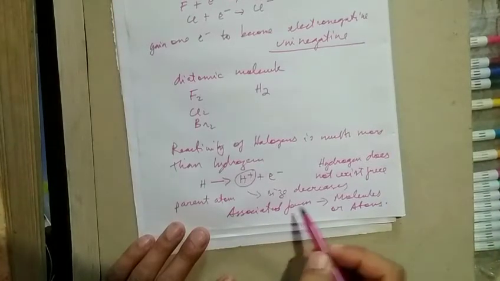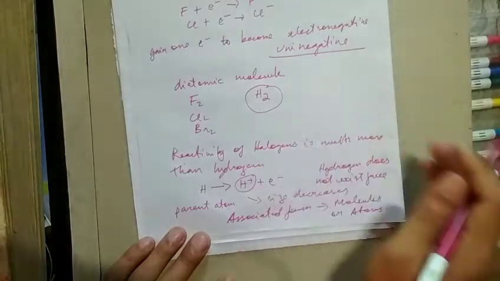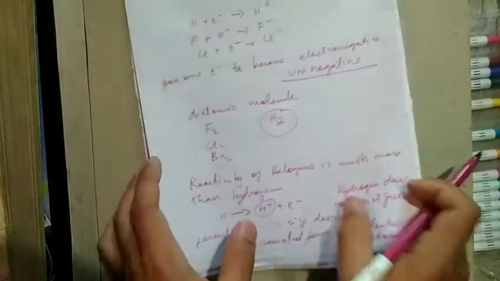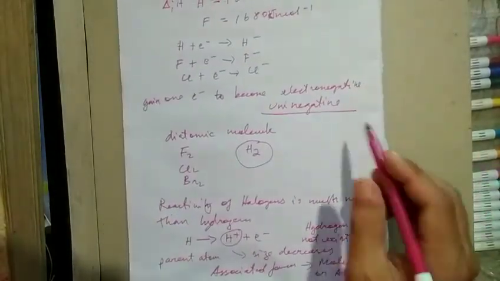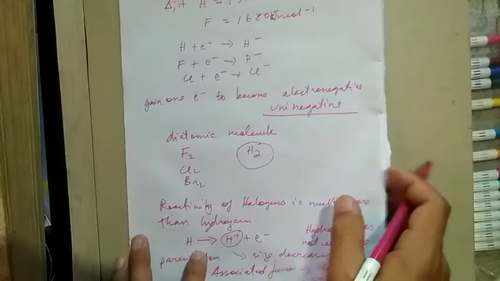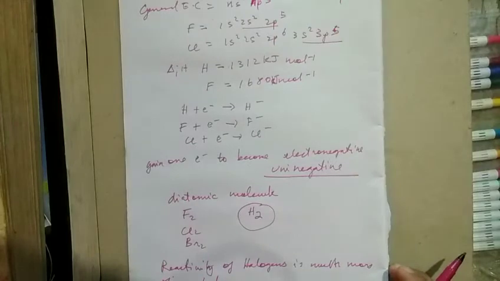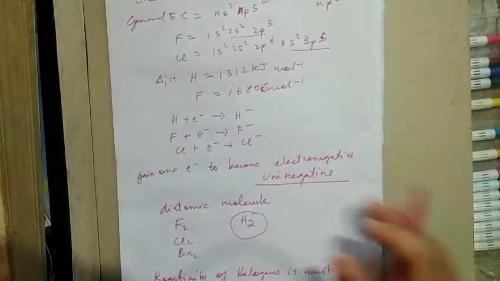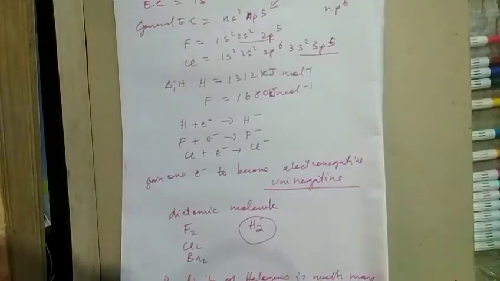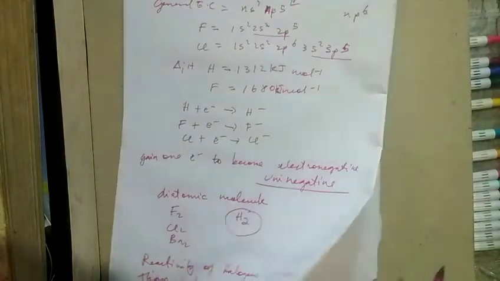That is the reason why hydrogen exists as a diatomic molecule, H2, and that is the reason why hydrogen is placed first in the periodic table, separately. The periodic table is not here, but if you see that periodic table, you will come across it.